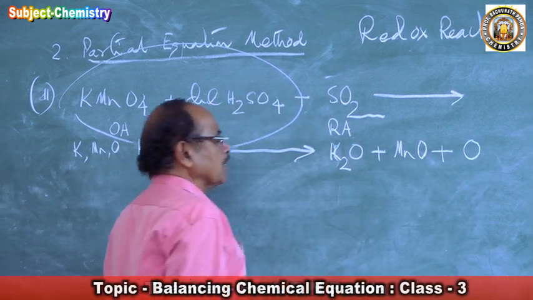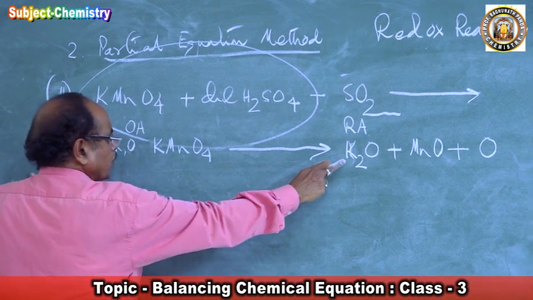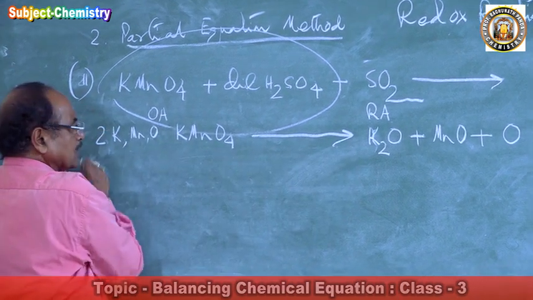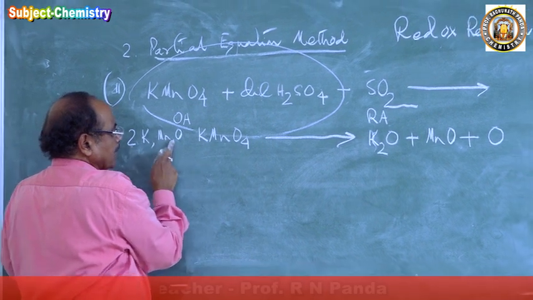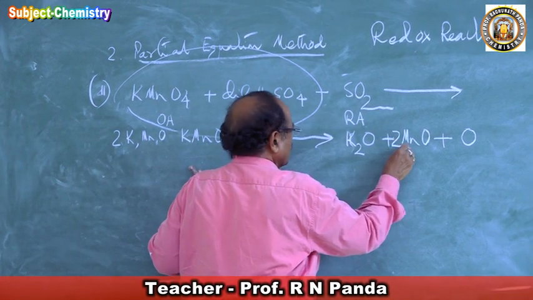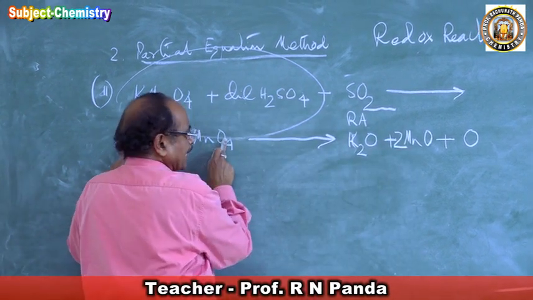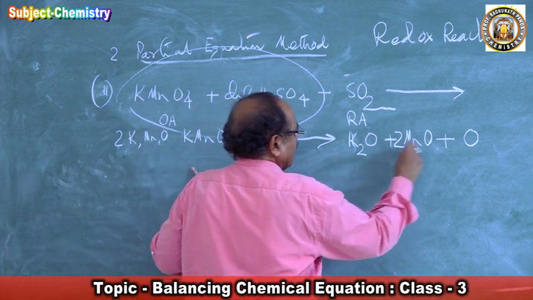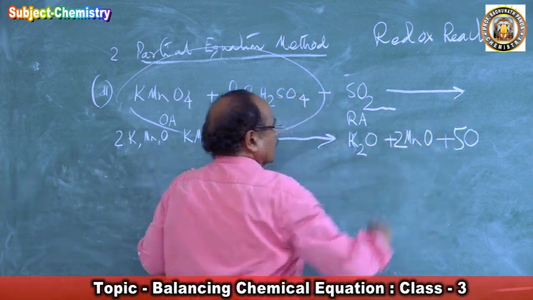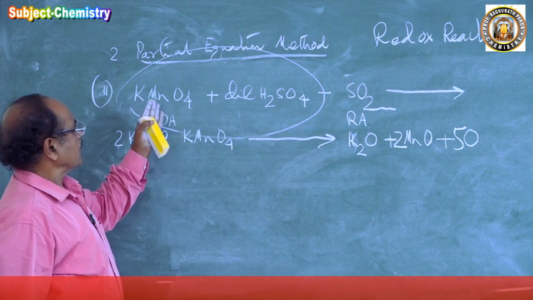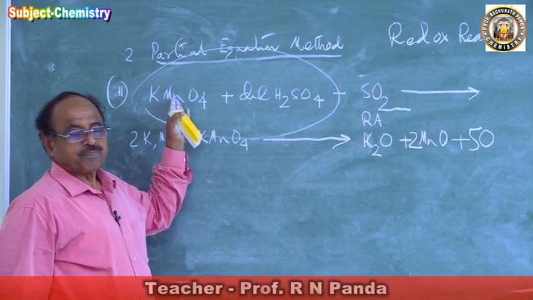The rest of oxygen will come out. We have 2 potassium, so we multiply it by 2. We have 2 Mn, so we multiply this by 2. Then we have 8O on the left side. So 2 plus 3, 5, and 5O. Now it is balanced. It is an atomic equation of potassium permanganate.